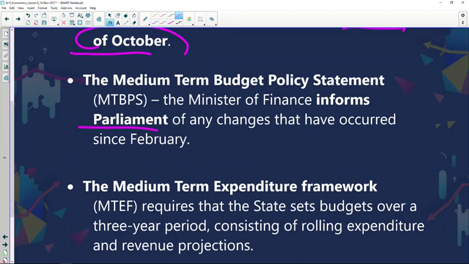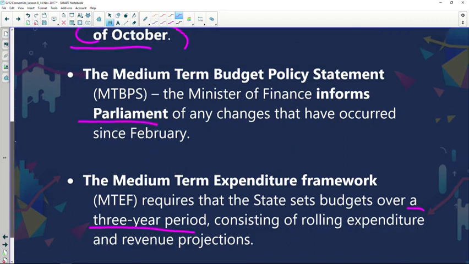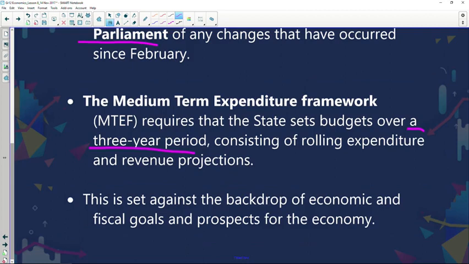And then we've got the medium-term expenditure framework. It requires that the state sets budgets over a 3-year period. So just know this, because it's also very important, consisting of rolling expenditure and revenue projections as well. Because when you are in the world of finance, it is always important to plan ahead and to have a long-term plan in order to achieve certain objectives.